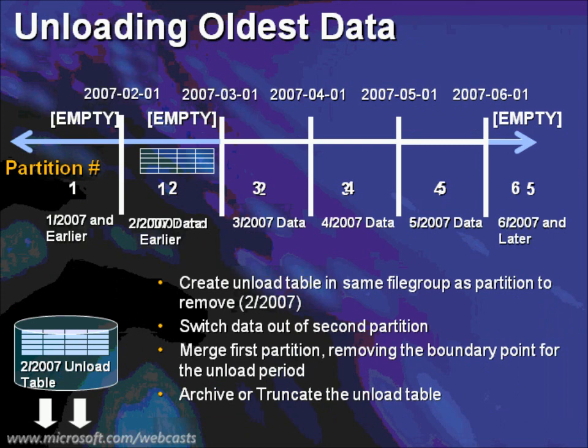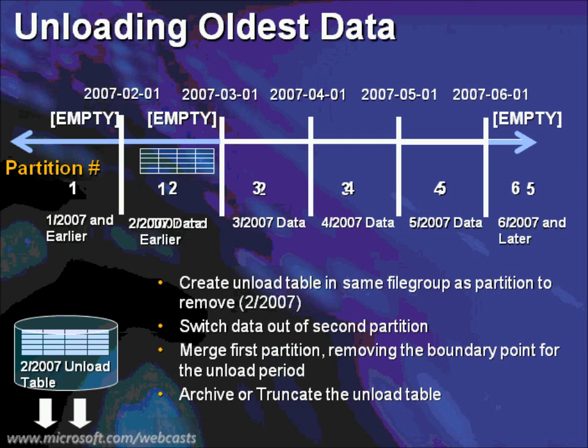Now let's consider how to unload the oldest data from a partitioned table. We create an unload table in the same file group as the partition we're going to remove, which is partition number 2.